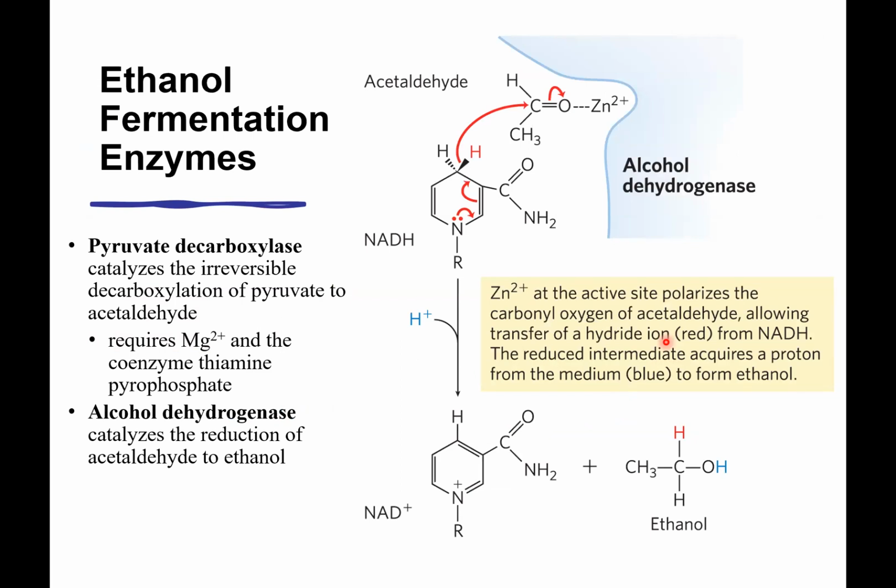So you don't really have to know these mechanisms, but it's kind of interesting to take a look at reaction number 2. By the way, TPP stands for thiamine pyrophosphate. So it's another one of these coenzymes that has a B vitamin as its precursor. You don't have to know this mechanism, but it's interesting to see that it's NADH that does the nucleophilic attack on this carbonyl carbon of acetaldehyde.